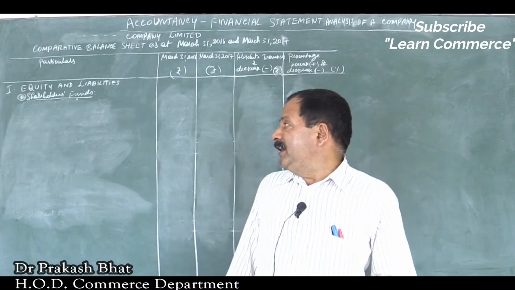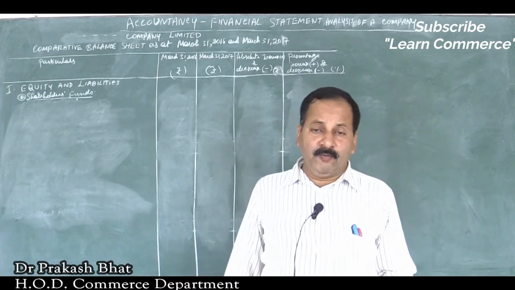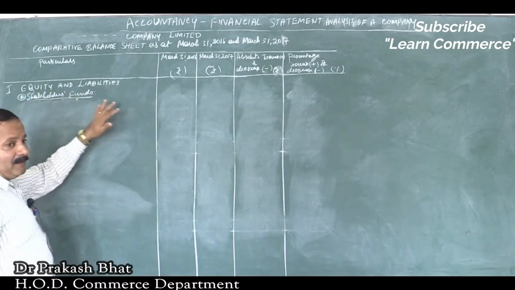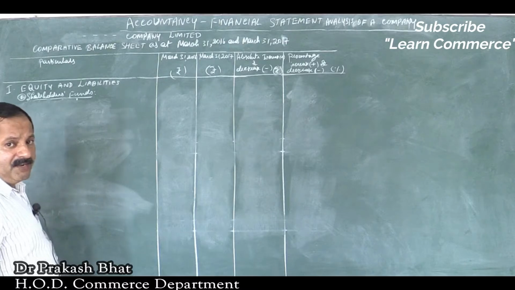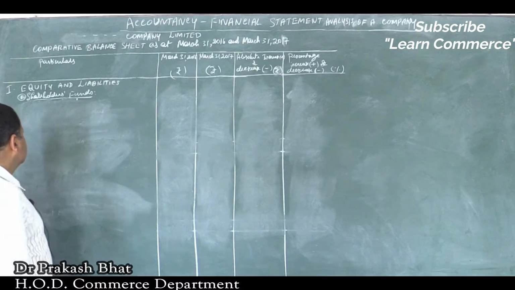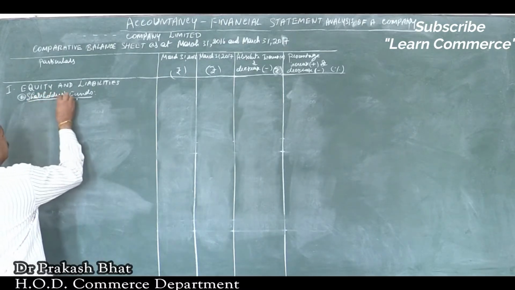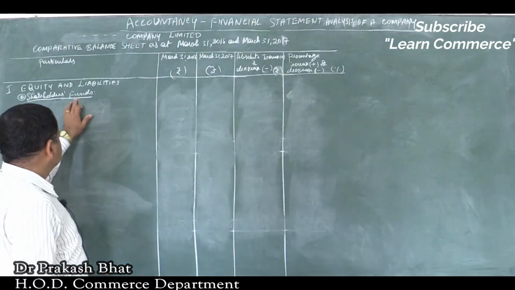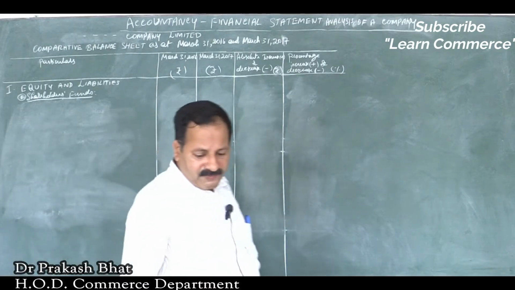Over. Then let us start Roman 1, equity and liabilities. Write it, equity and liabilities. Under that, first one, shareholders funds.